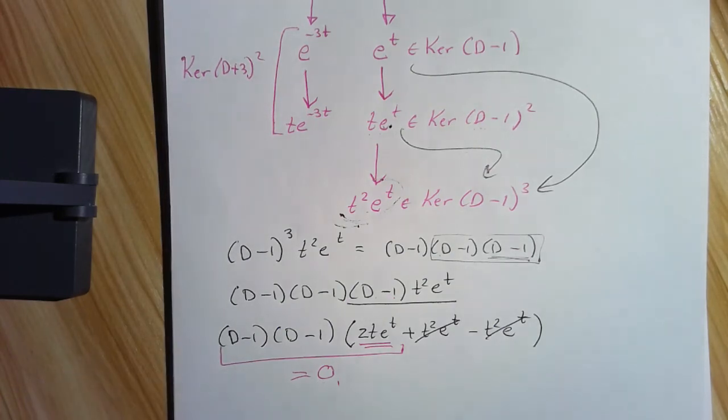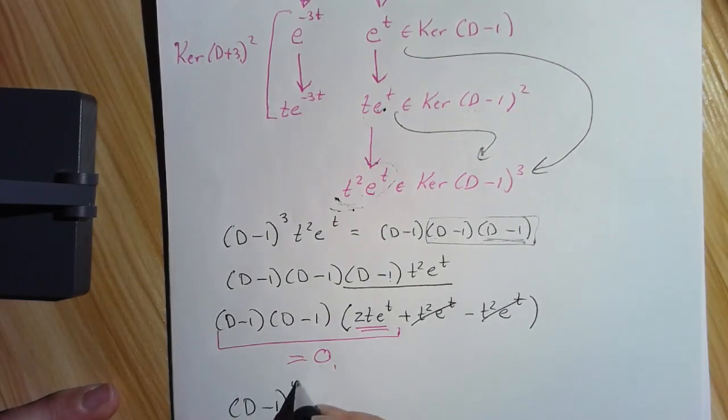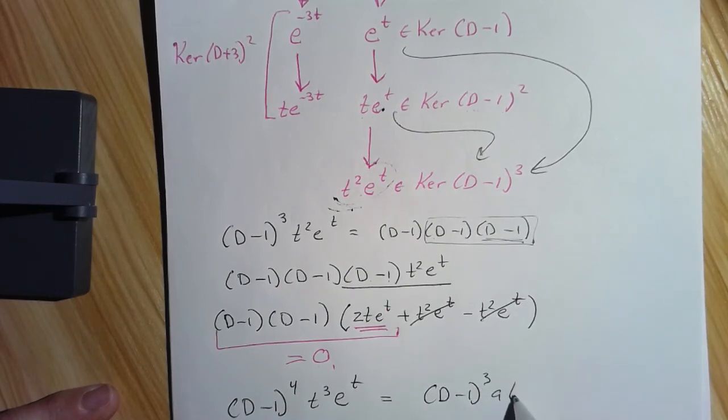Done. All right. So just to generalize, if I had d minus 1 to the 4th, I would need a t cubed e to the t, because that would end up equaling some d minus 1 cubed on some multiple less.